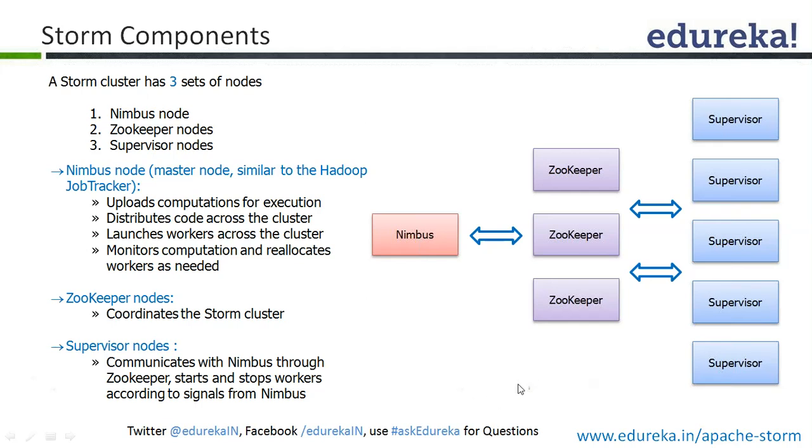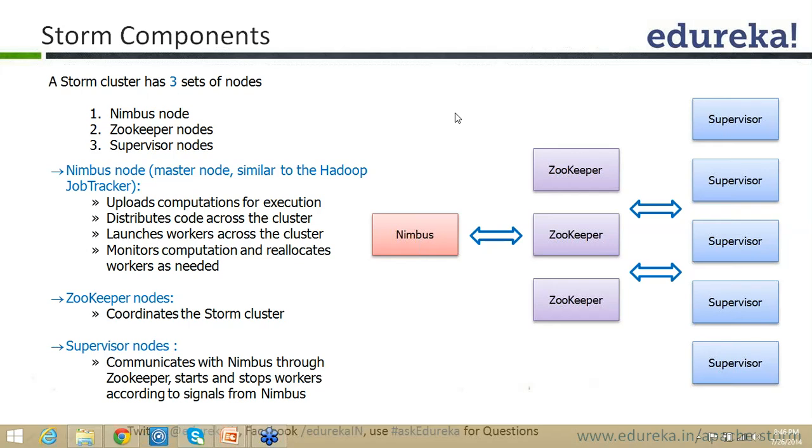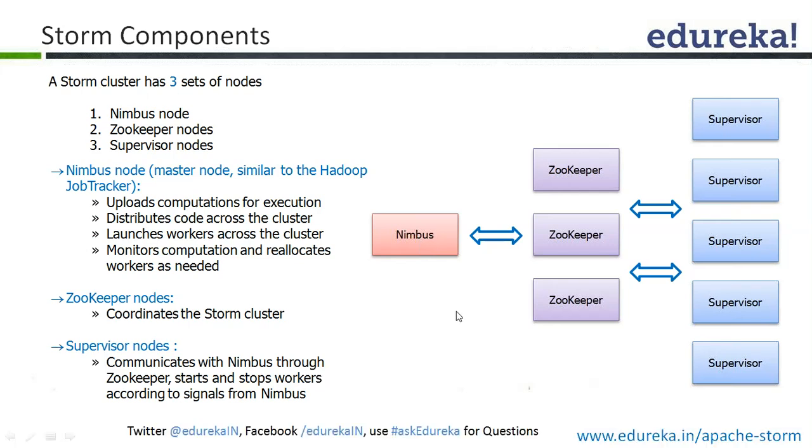Now, this is the place wherein there was a nice question asked to me earlier. I think it was by Dashrath, wherein he asked: is Nimbus going to have the same problem as the name node in Hadoop version 1? If somebody is not from a Hadoop background, you might not understand his question.